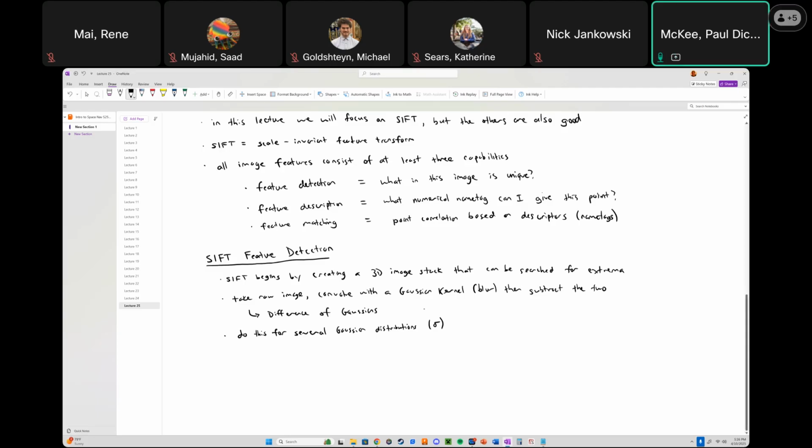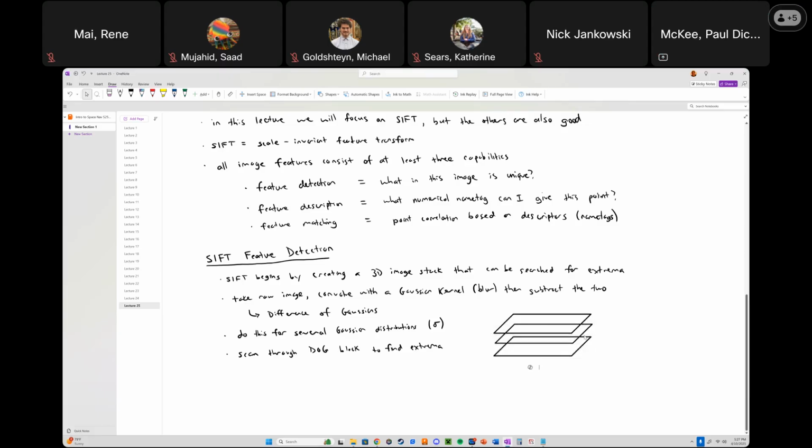And the next thing we do is scan through this difference of Gaussians block to find extrema. So imagine we've got an image, and then we have that same image again here.